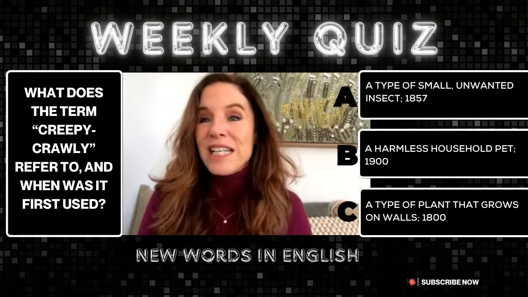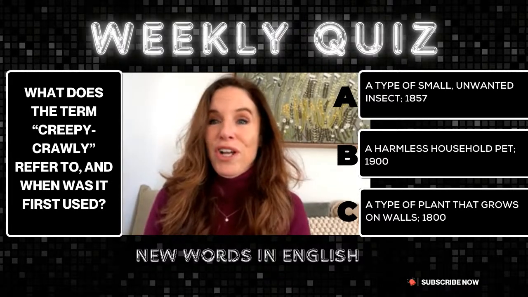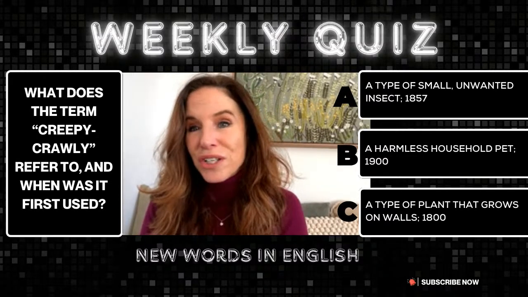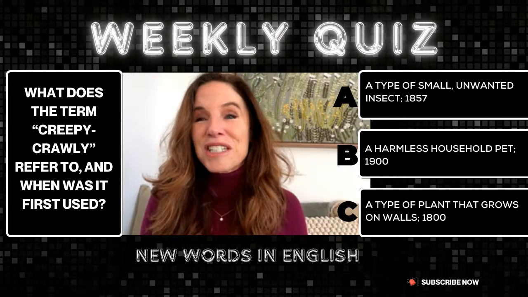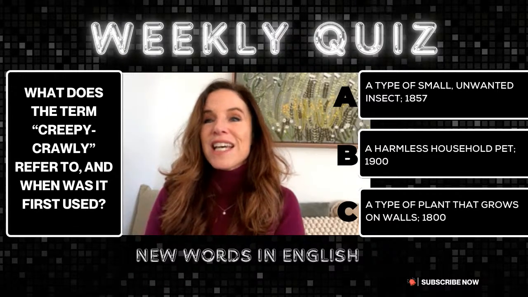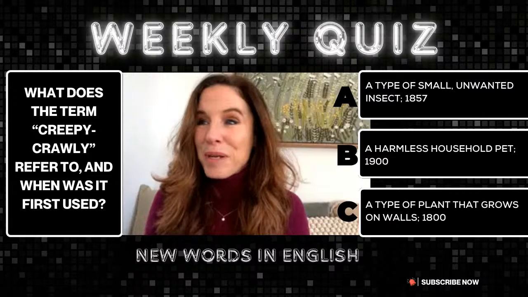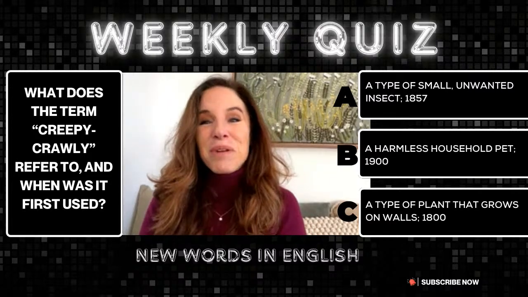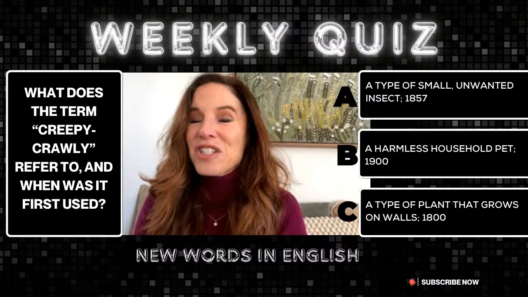What I think is really interesting about this one is creepy crawly is a word I know even from my childhood. But evidently it sometimes takes a really long time for a word to be established to the point that it gets included into the dictionary. So creepy crawly has been around for a long time.